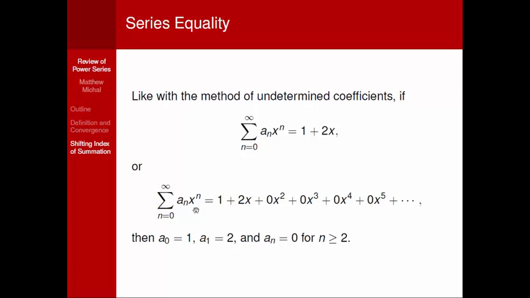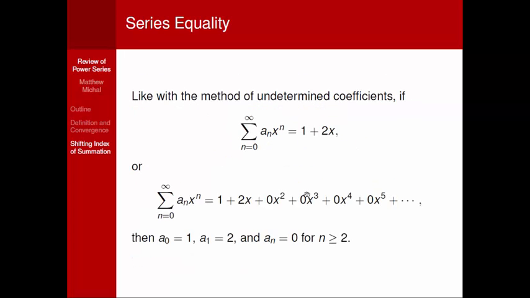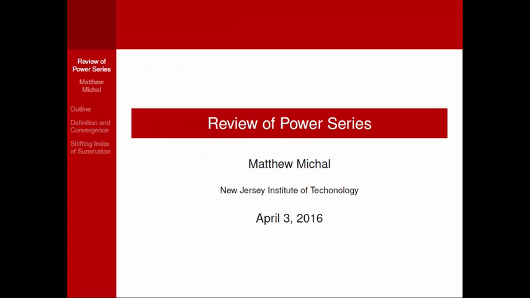The second, a1, the second term in the sum, is 2. Every other term beyond that, according to the method of undetermined coefficients, has to equal 0, because the only way series are equal is if they share values for our polynomial. Okay? This is series. This is all you basically need to remember about power series. Hope this helps, and welcome to Power Series.